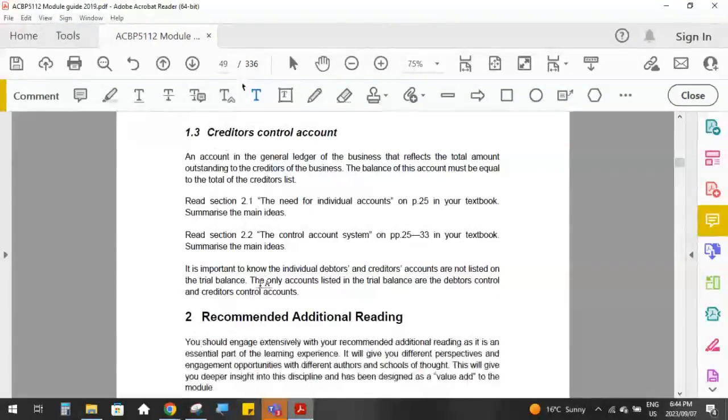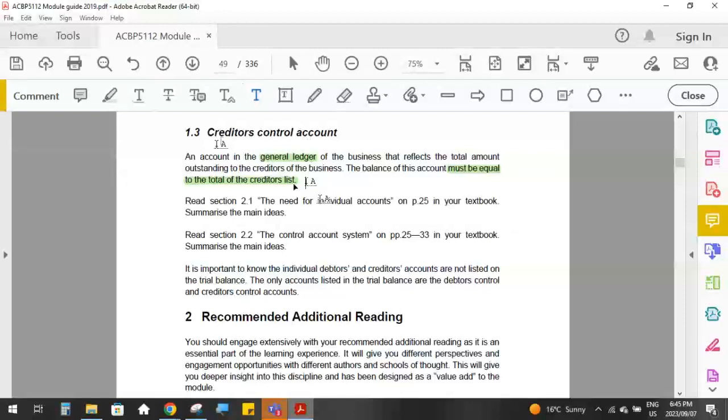And then we've also similarly got the creditors control account, so that's for our suppliers. So again, the creditors control account is the account in our general ledger of the business that reflects the total amount outstanding of all of the creditors of the business. And the balance in the creditors control account must be equal to the total of the creditors list.